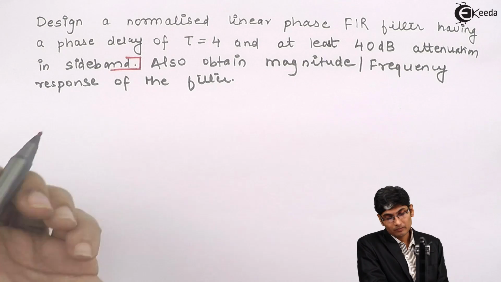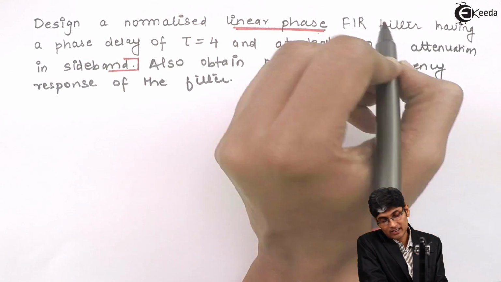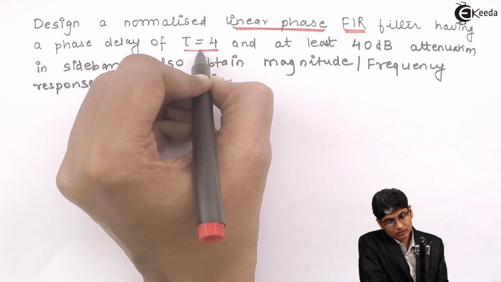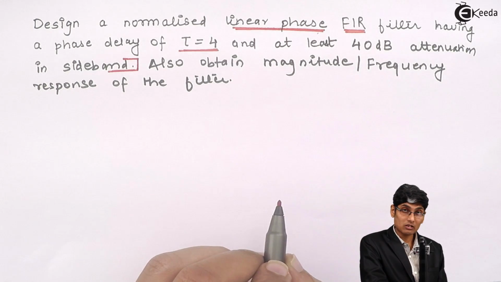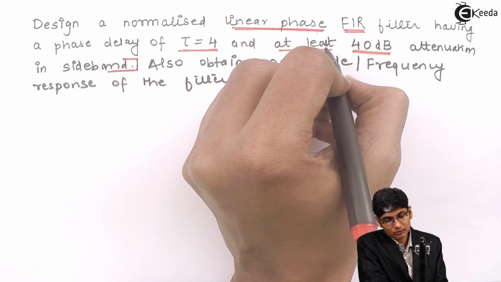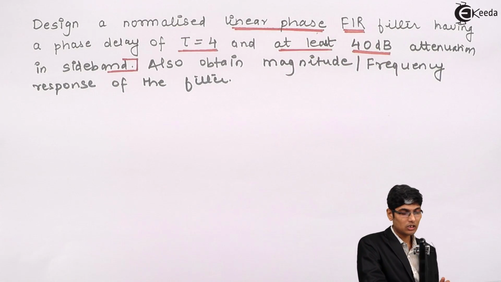Now what is given? Given is a linear phase FIR filter. Phase delay should be 4 and stop band attenuation must be at least 40 dB. That is what the given scenario is.